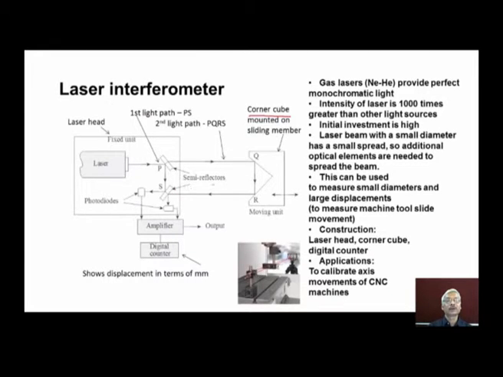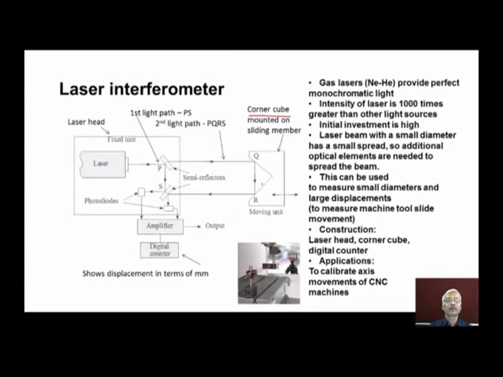So again, depending upon the OPD, optical path difference between these two rays, if it is equal to odd number of half wavelength, we get the dark band, and if the OPD, optical path difference, is equal to even number of half wavelength, we get bright band.